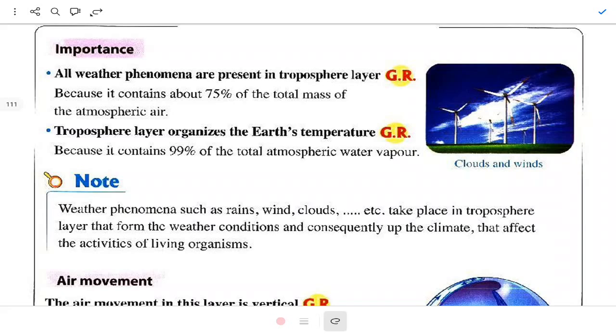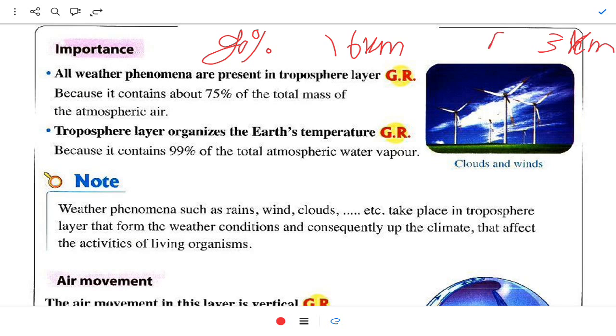We say that in 16 kilometers you have 90%, and in 3 kilometers you have 50%.